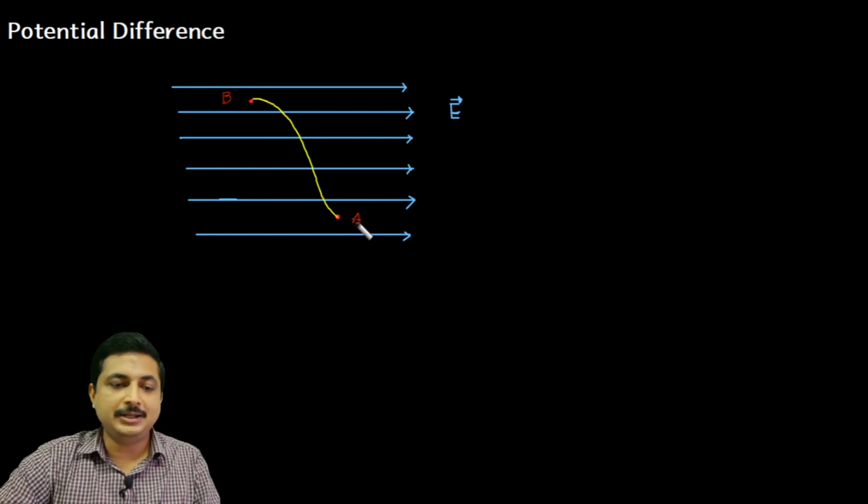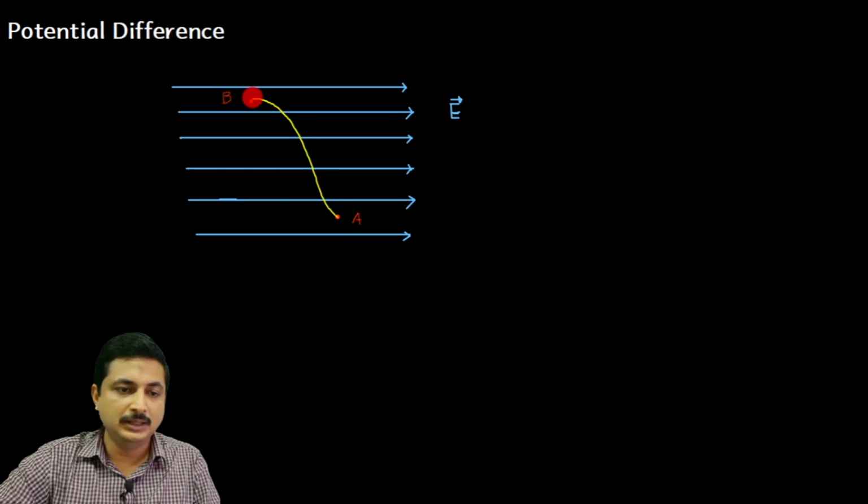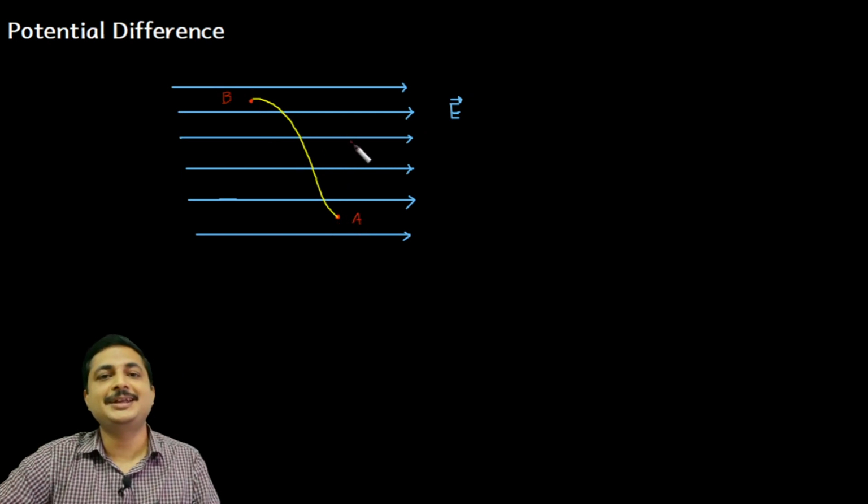Now what if I consider that there is an existing potential at A and there is some potential at this point B? Then the work done in moving a charge from point A to point B will be basically the difference of potential at this point and this point, isn't it?